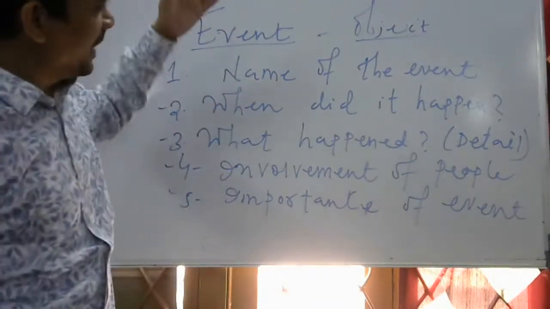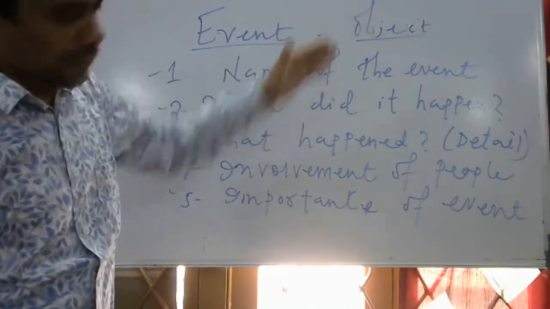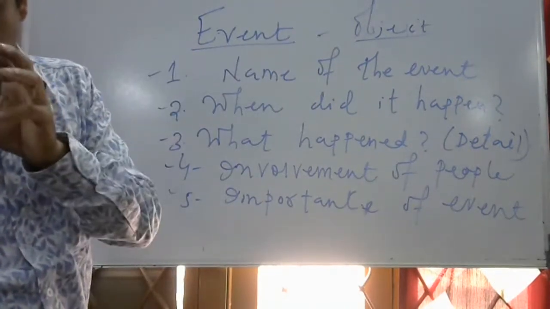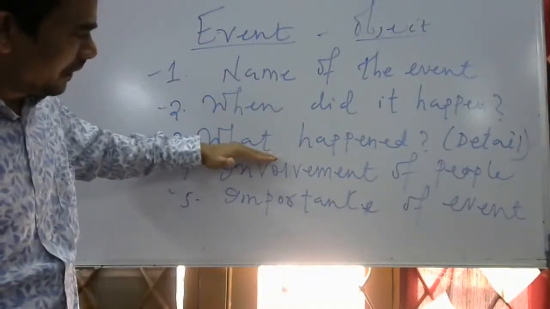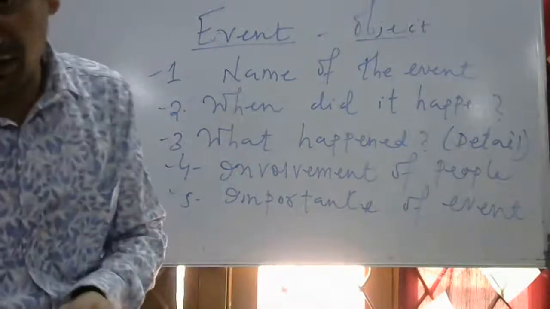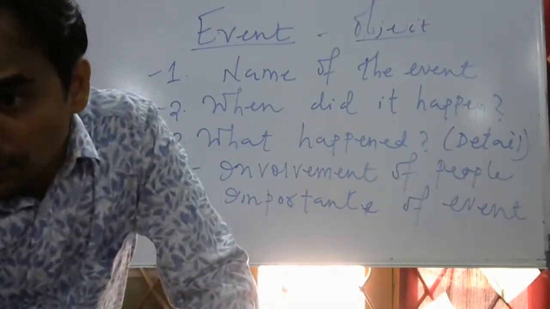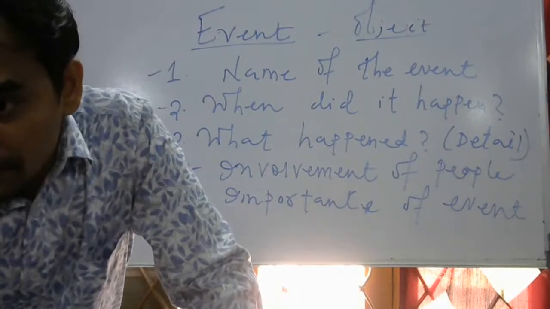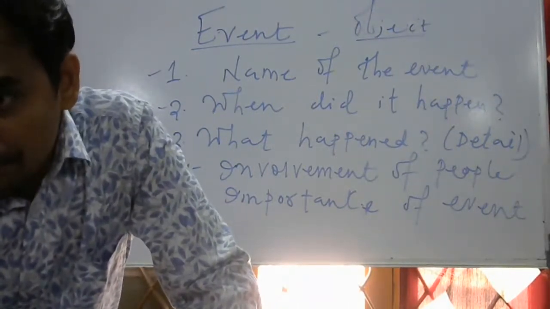While describing any object, you have to first understand the four major categories: the introduction part, then the detailing, then additional information, then the conclusion. So a non-living thing will come under the object category.